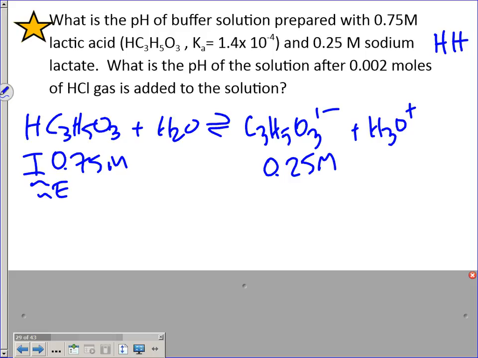What's going to happen to pH when we add HCl gas? It's going to drop, it's going to go down, because what reaction's occurring? Hydrochloric acid, which we don't write as hydrochloric acid, we write as hydronium, reacts with what? Lactate.